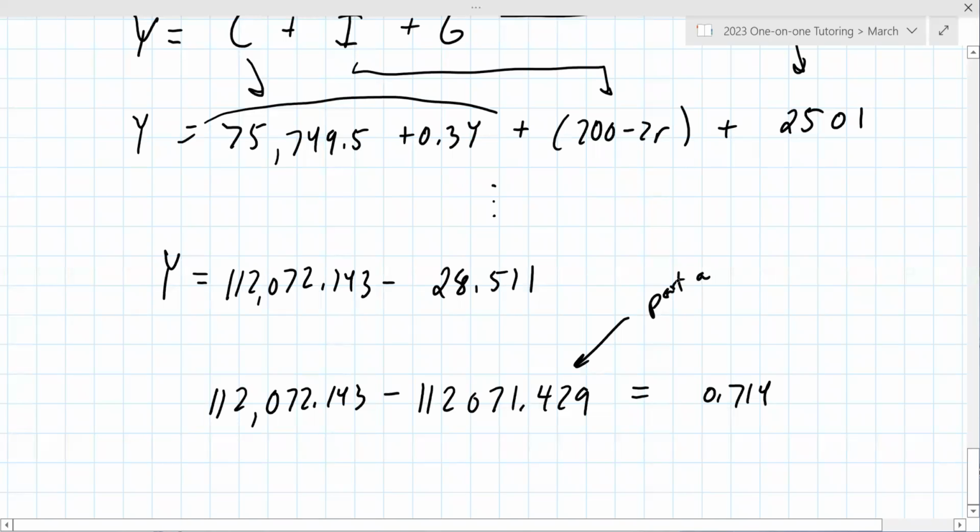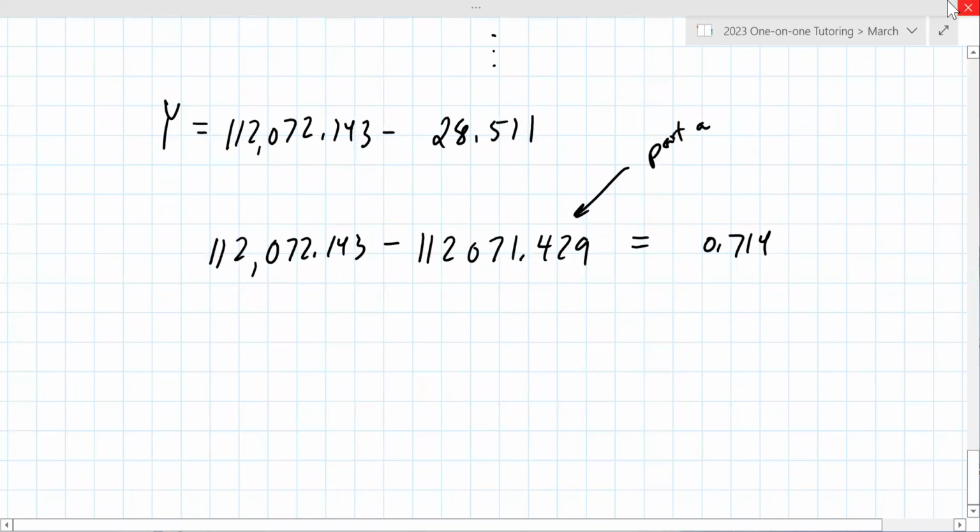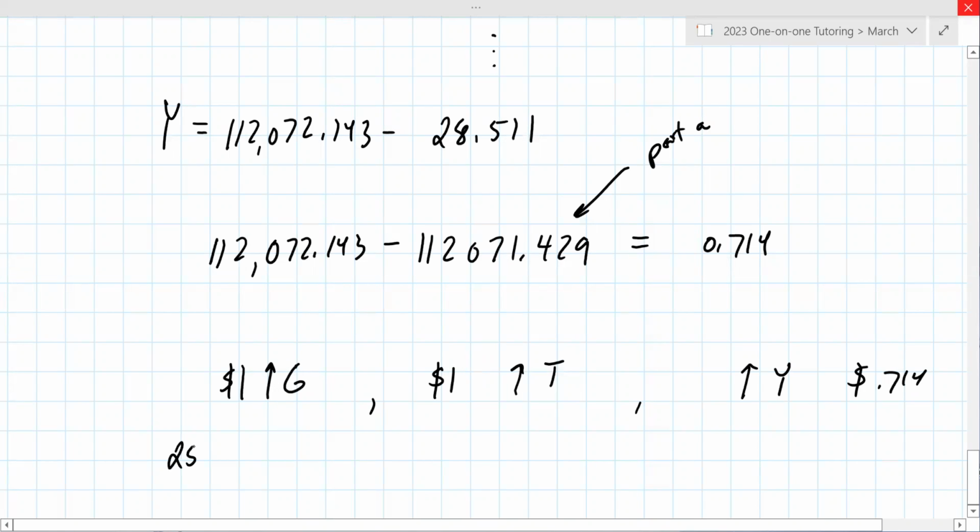Okay. So then the summary here, which I think is maybe the part that you would have to summarize, is that a $1 increase in government spending and a $1 increase in tax revenue increases Y by 0.714. So that was the 2,500 to 2,501.